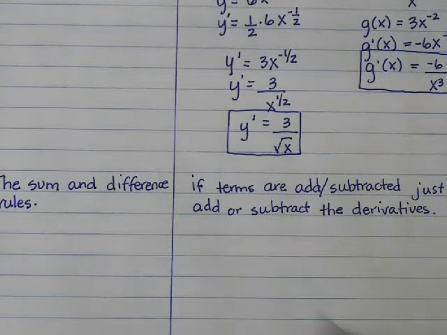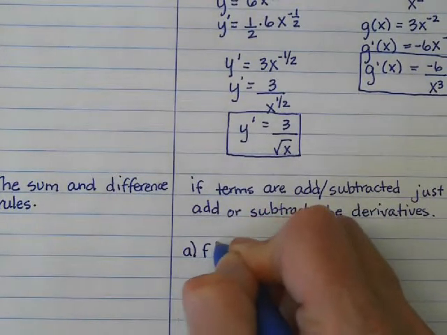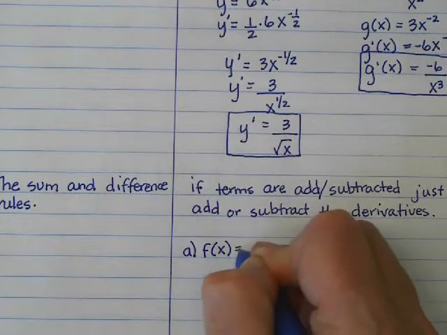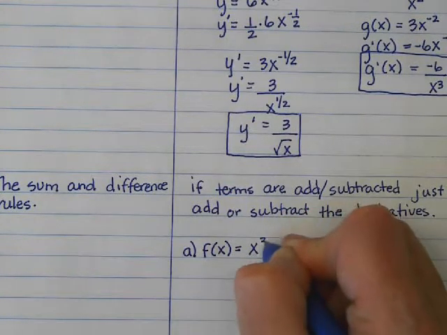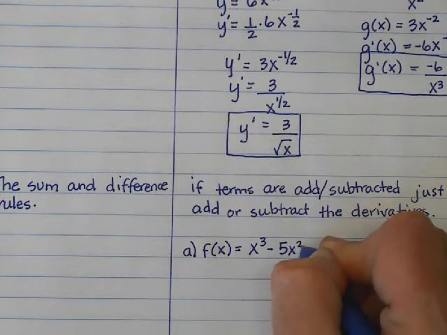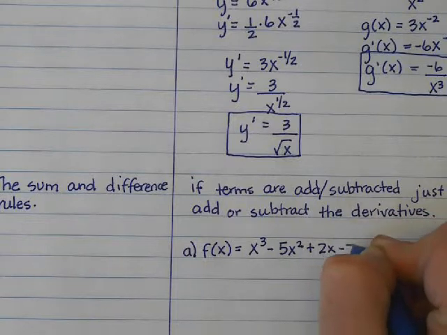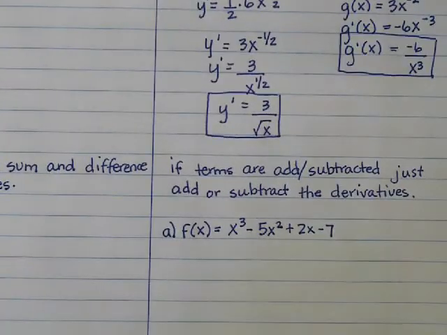And we'll do an example, and that'll make it really easy to see what I'm saying. Okay, so just think of these as all little pieces, and we can just do all the little pieces together.